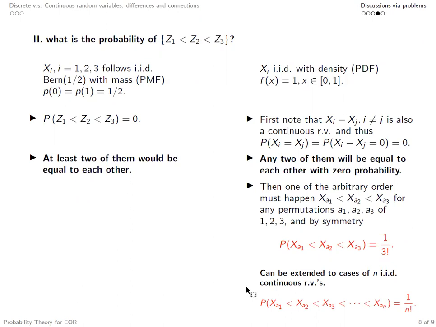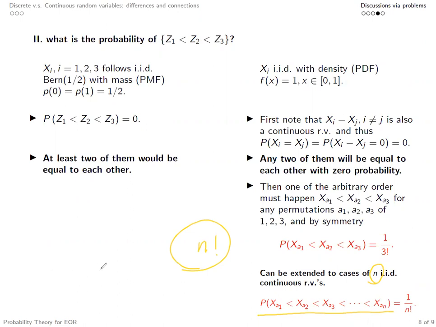And here, how many different orders do we have? For n different IID random variables, we have n factorial different orders, and each of these orders would happen with exactly the same probability.